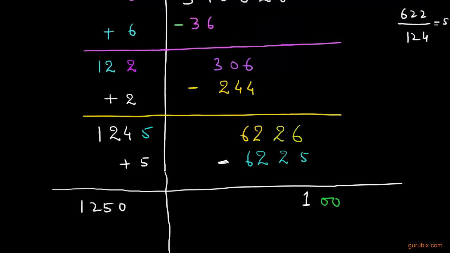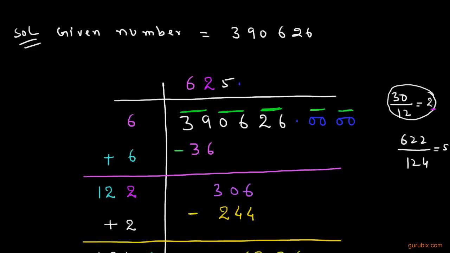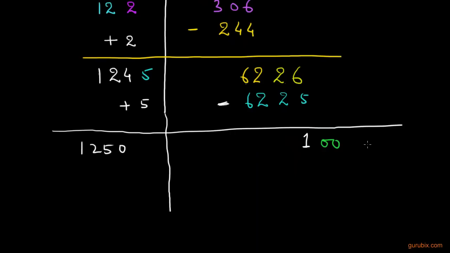So what to do here? We put a 0 in the quotient after the decimal point and bring down the next period, and we put the 0 here also.